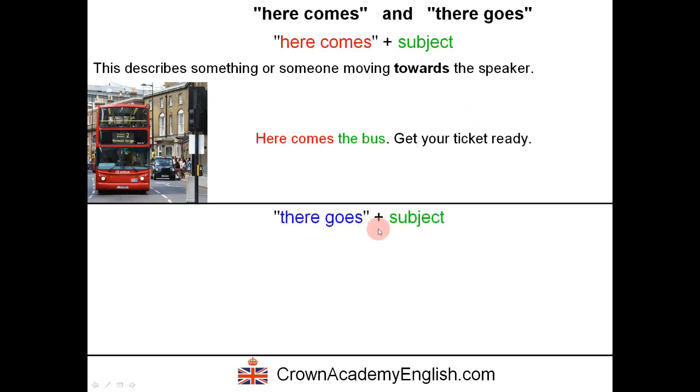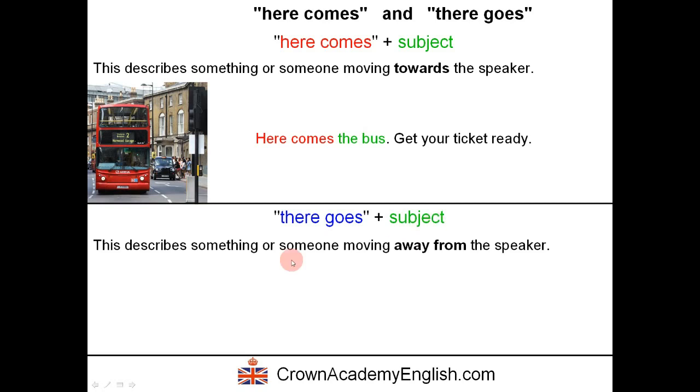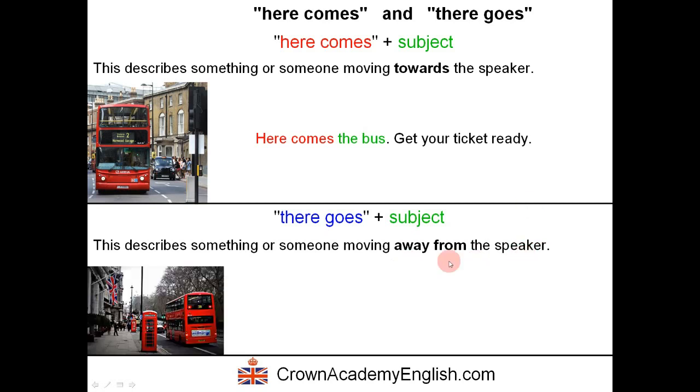And there goes, followed by the subject. This is the opposite direction. This describes something or someone moving away from the speaker. So moving in the opposite direction. So here we see the bus. We're now looking at the back of the bus, and the bus is moving this way. There goes the bus. We have missed it.